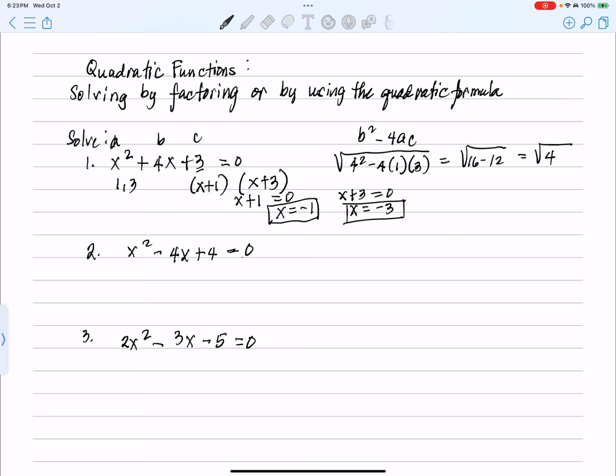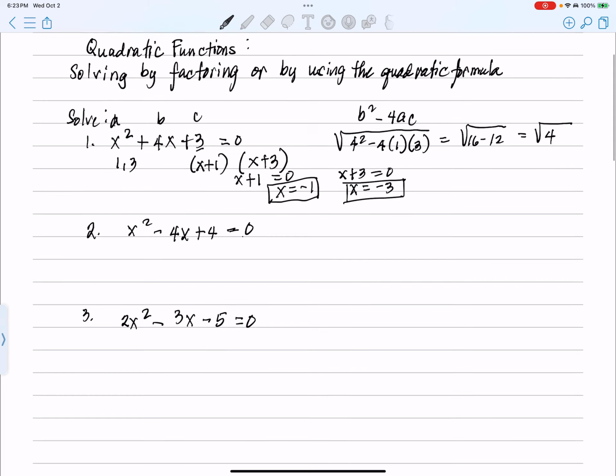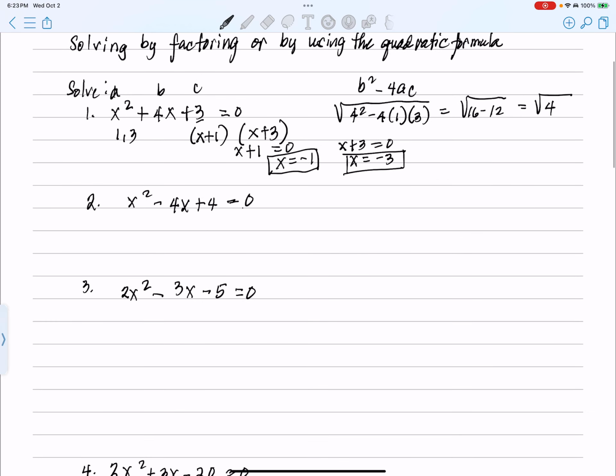Now, let's look at number 2. If we do b squared minus 4ac, c is 4, b is negative 4, and a is 1.